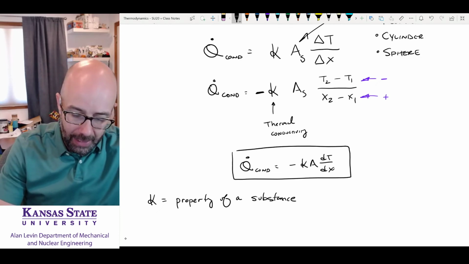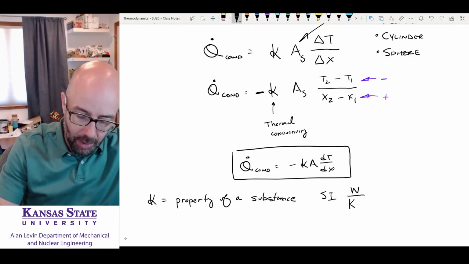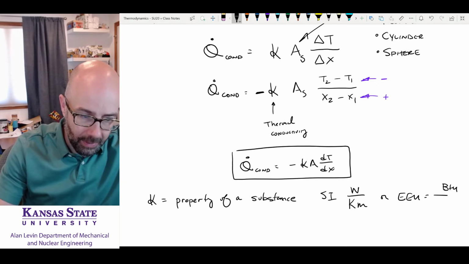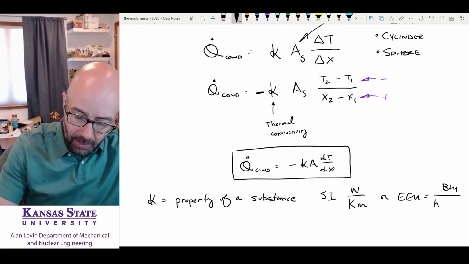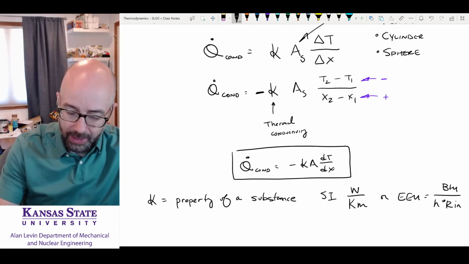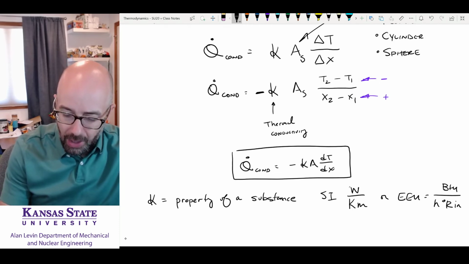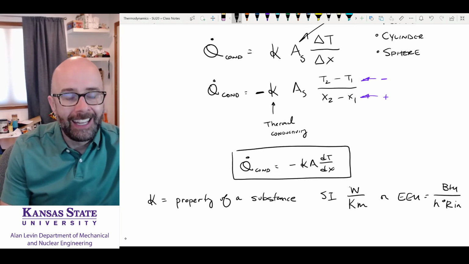It's going to be given in SI in watts per Kelvin per meter, or in English engineering units, in BTU per hour per degree Rankine per inch. BTU per hour is the same thing as watts here. We have an absolute temperature scale, Kelvin or Rankine, and inch.